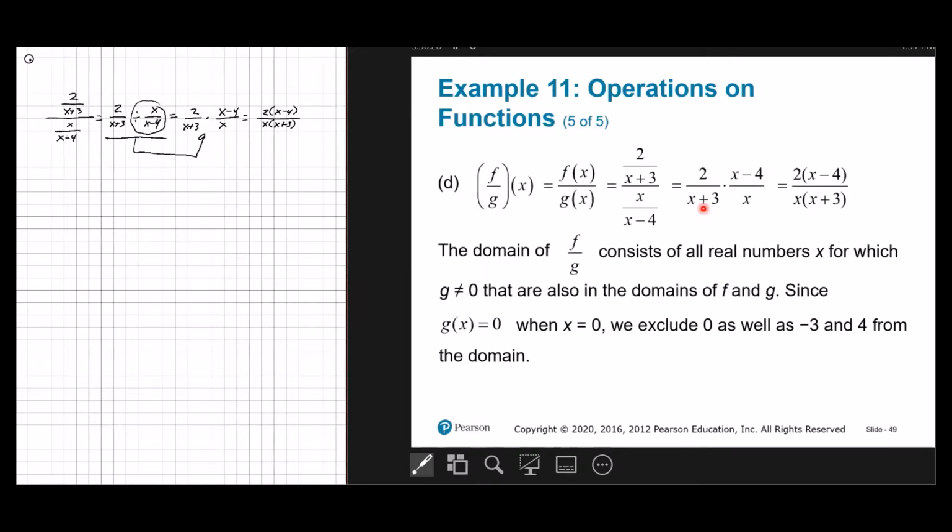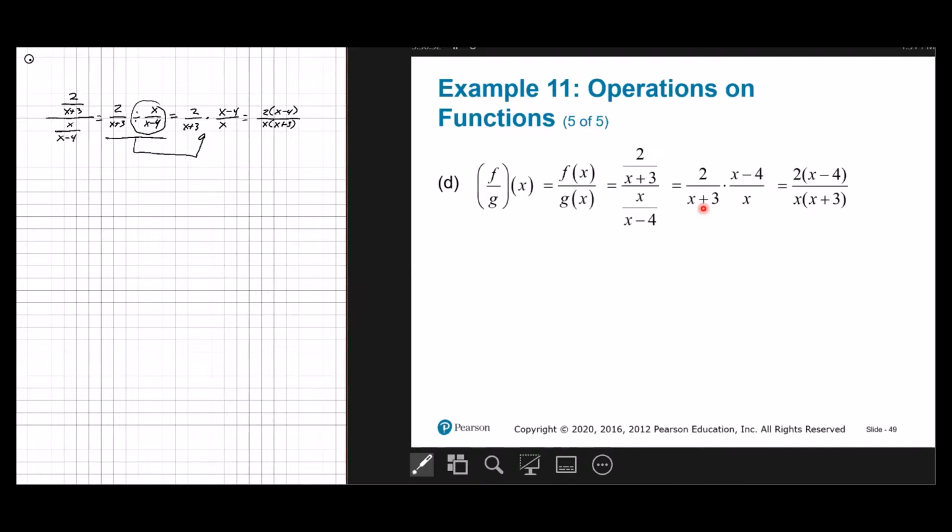Okay. And so now we're going to look at, well, about the domain. Again, we have to talk about the domain of the numerator and the denominator. So the domain of f and the domain of g still are in play because this is the original function.